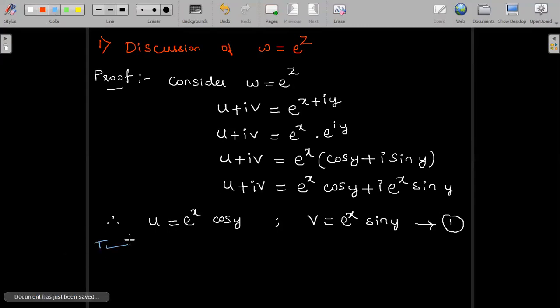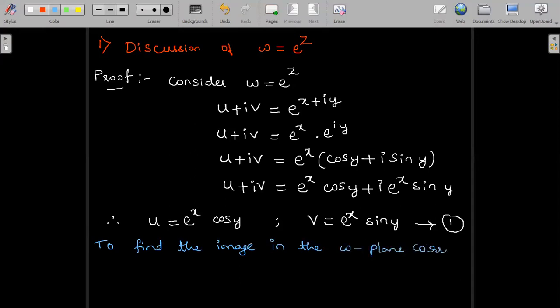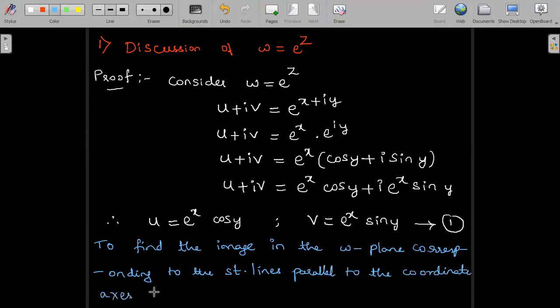To find the image in the W plane corresponding to the straight lines parallel to the coordinate axis, when I say both the x-axis and the y-axis, in the z plane.